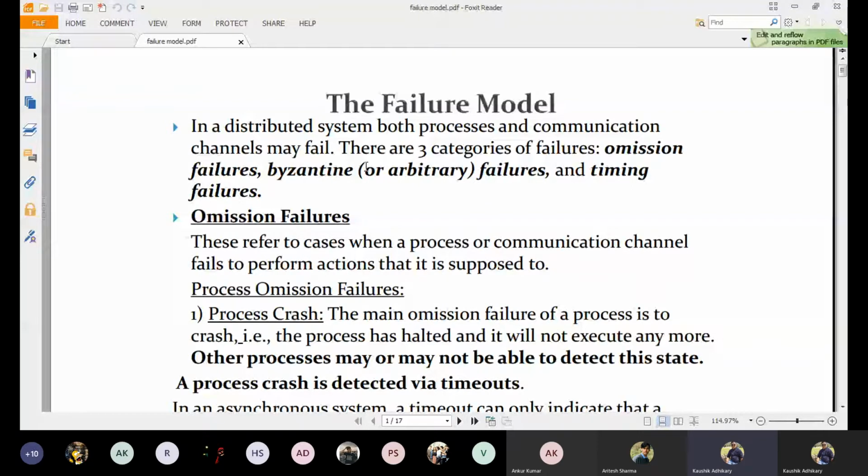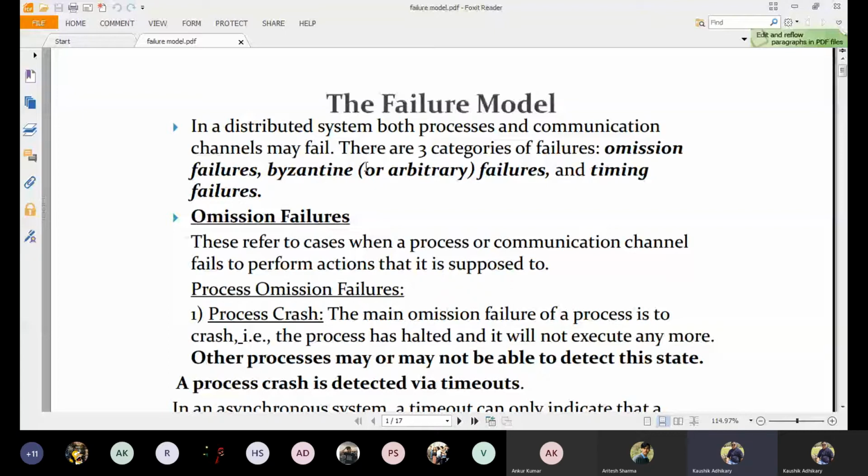Which means in a distributed computing system, we have processes, for example the client-server or peer-to-peer, and a communication channel, the medium on which we are sending the message. Both may fail.